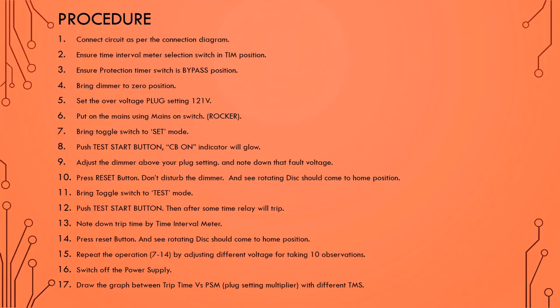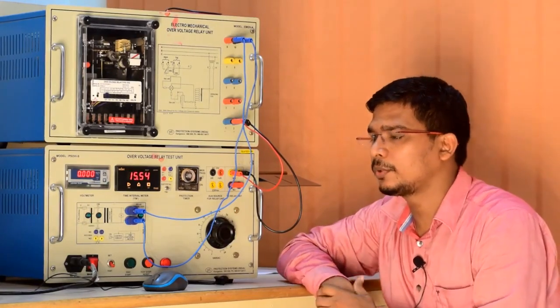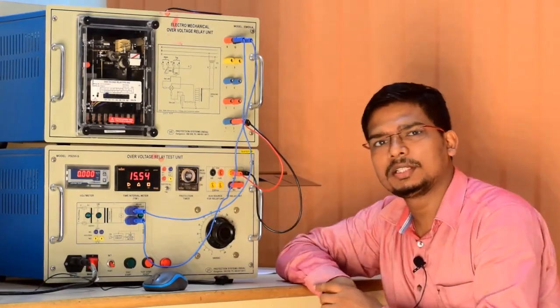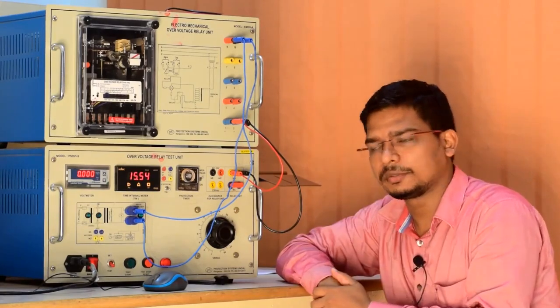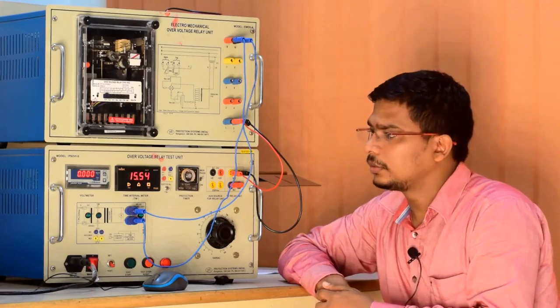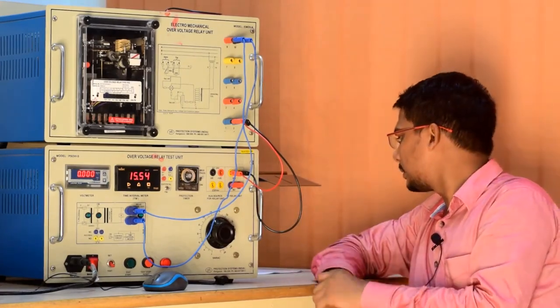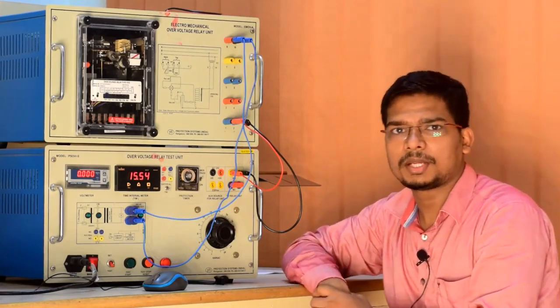So we have to take our next observation. For that the procedure says repeat the operation 7 to 4, that means again we have to repeat to take our next and next observation. How much? 160. Next we have to apply 160.